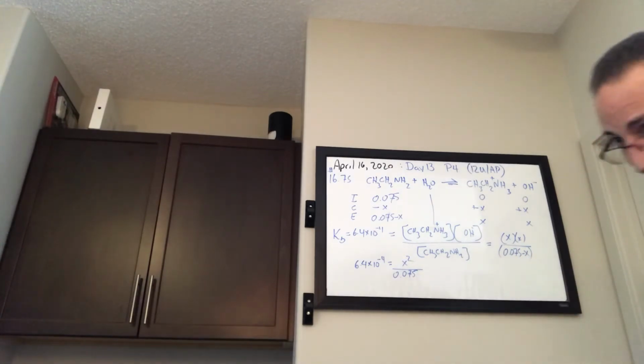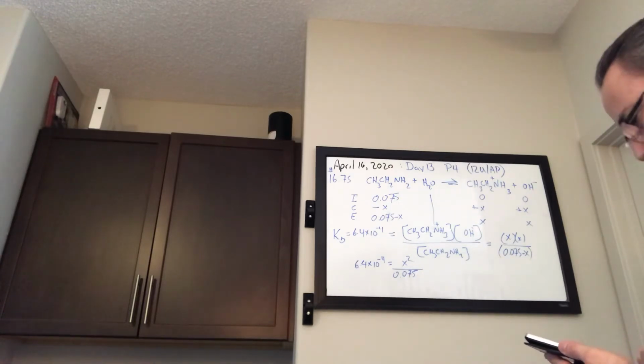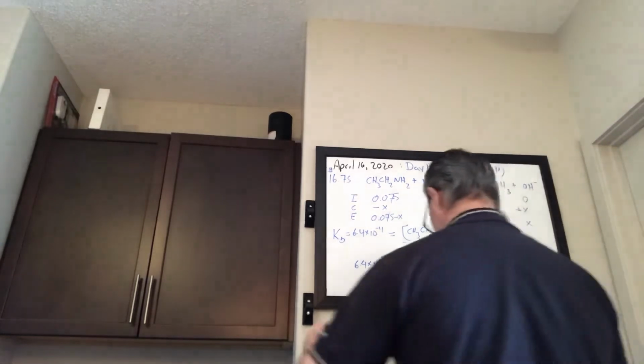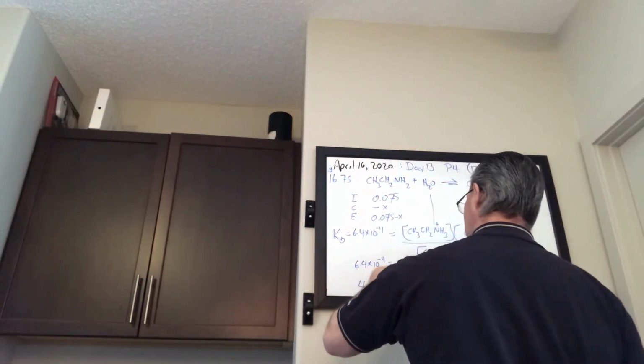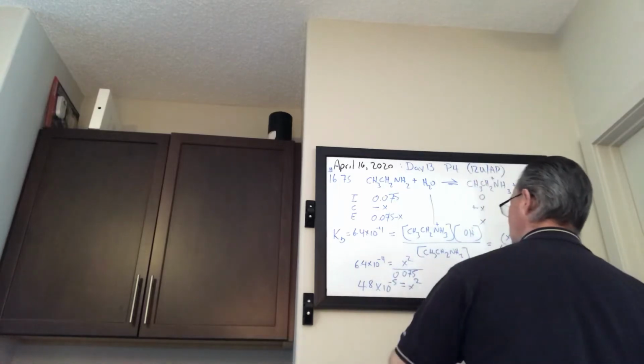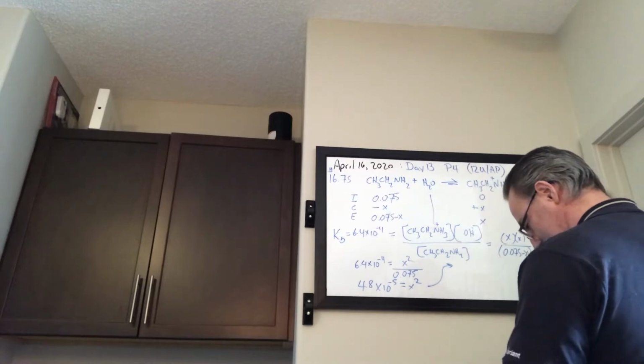So let's just run it that way and see what we get. 6.4 exponent -4 times 0.075 gives you 4.8 times 10 to the -5, and that equals X squared. So X is the square root of that.